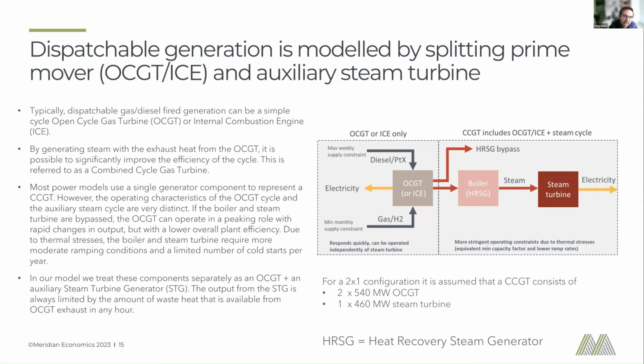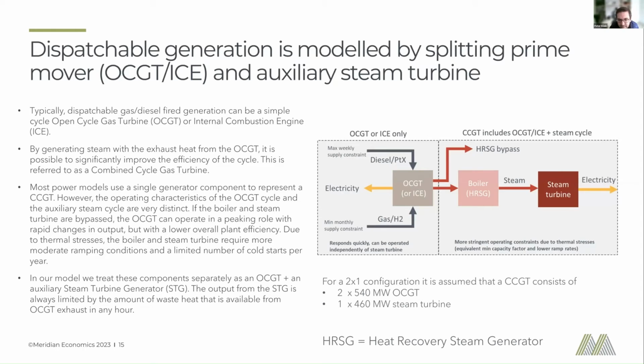And it says that the amount of heat being exhausted from that OCGT is a function of how much power you can generate in any hour from the steam turbine cycle. So if your OCGT is running at 100% output, then there's a ratio for your steam turbine, I think we use around 40%.